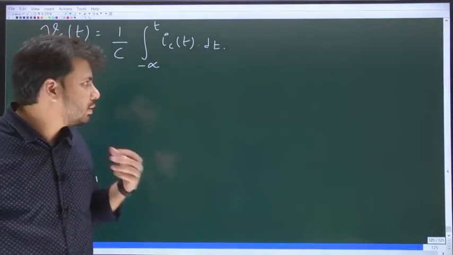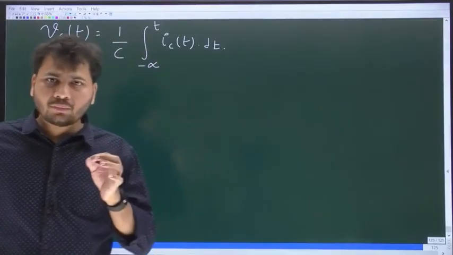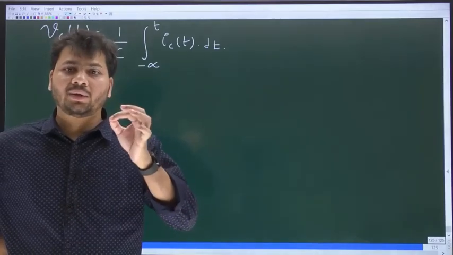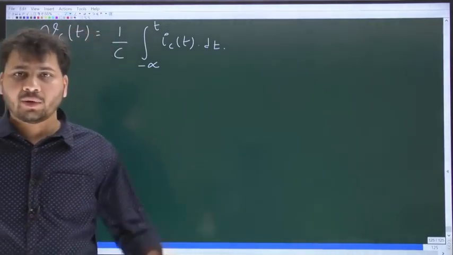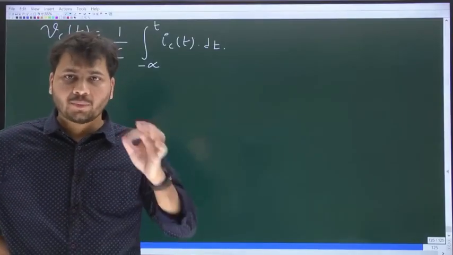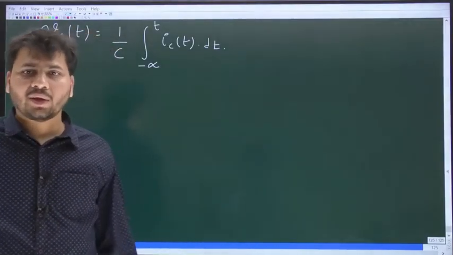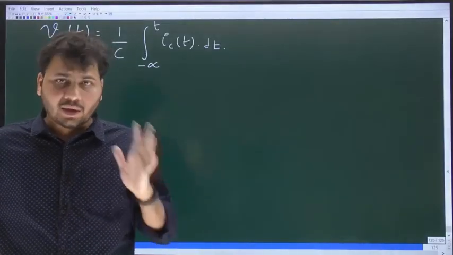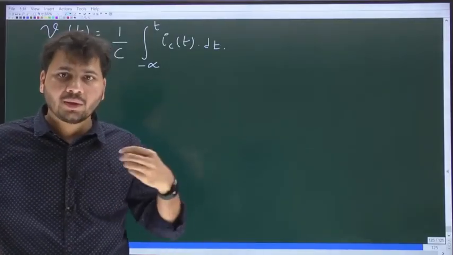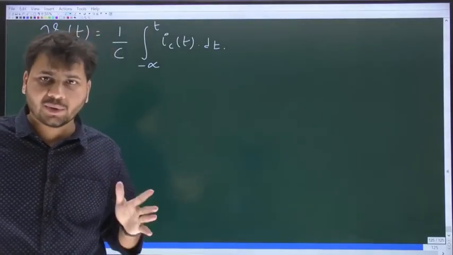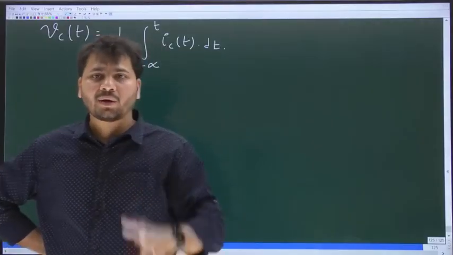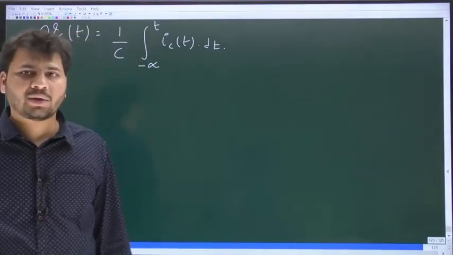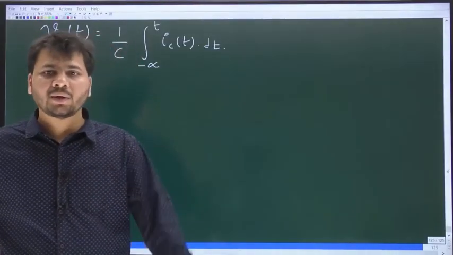The point I am trying to make is that whenever our circuit starts, whenever the system starts, that point of time is assumed to be t equal to 0. Our circuit starts at 7 p.m., then 7 p.m. will be t equal to 0.